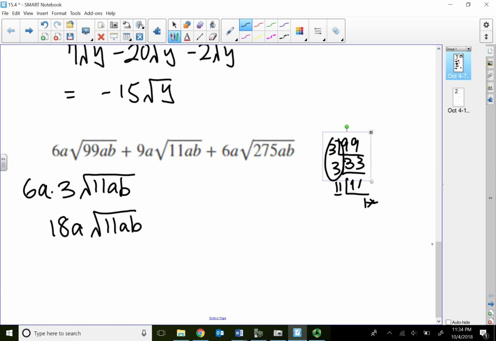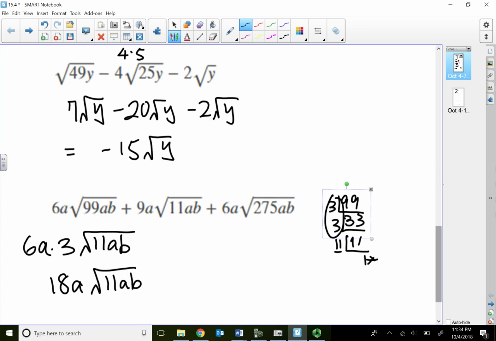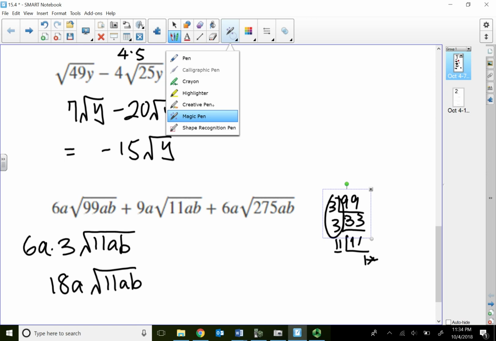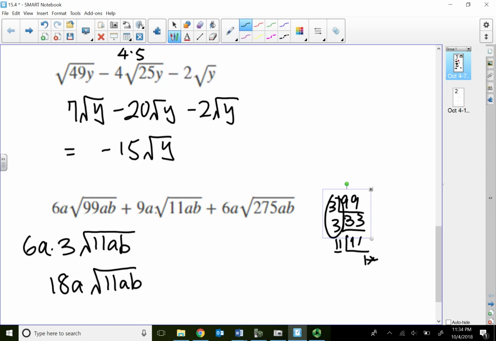Let's pretend if one of these 3 terms up here is like a 7x, something like that. 7x cannot subtract 20 because those two are actually not like terms, the 7x and negative 20. Even though the radical parts are the same, I still cannot combine them. So just be careful. I just want to mention that just in case we run into it.